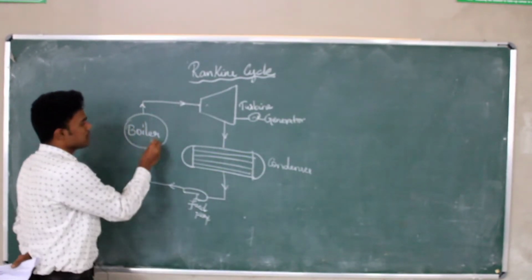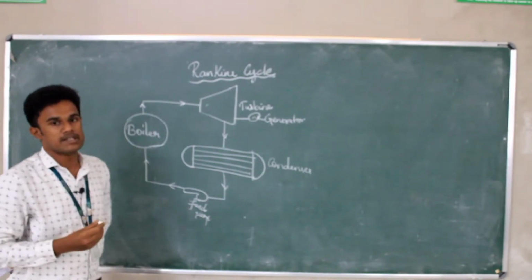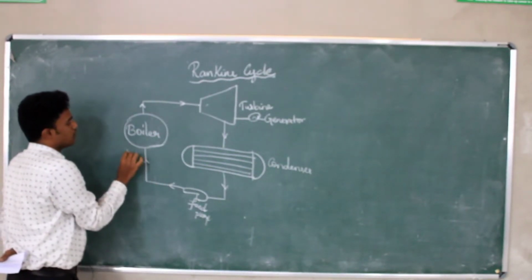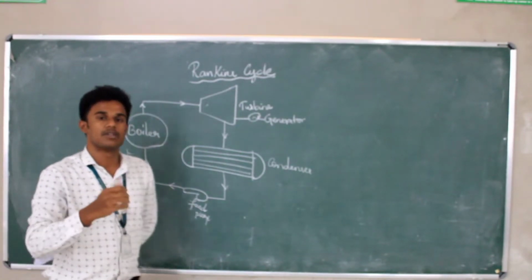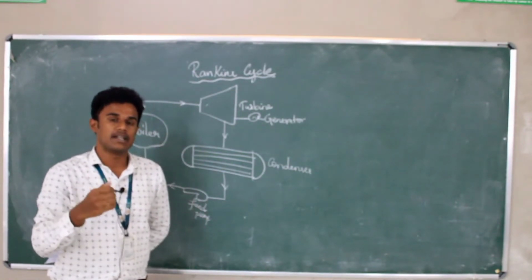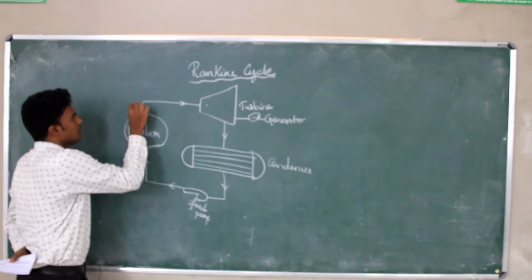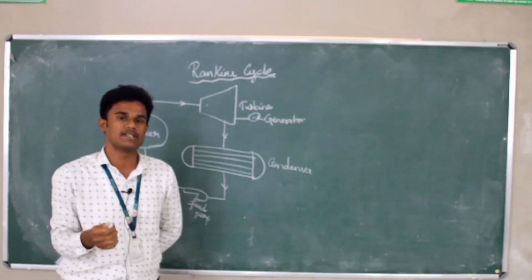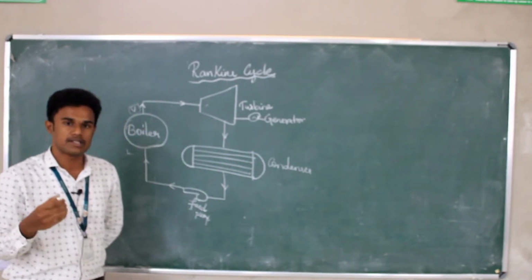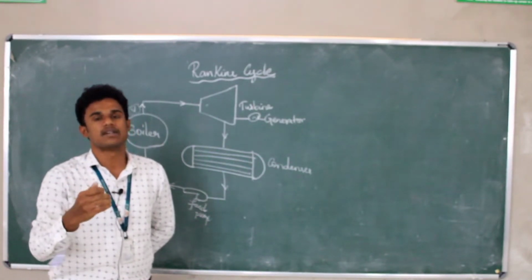So what happens in the boiler? Initially we have the liquid state, for example simply water. The liquid water is heated and converted into vapor form. We have a term called superheating. Superheating is the process of heating any fluid above its boiling point.